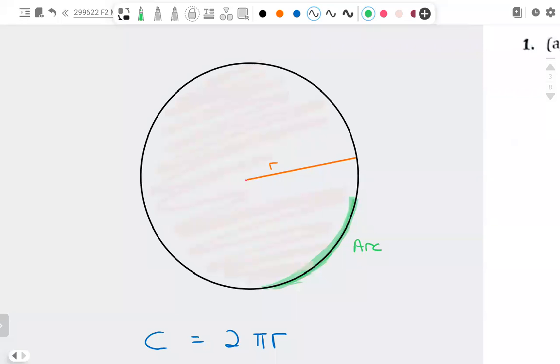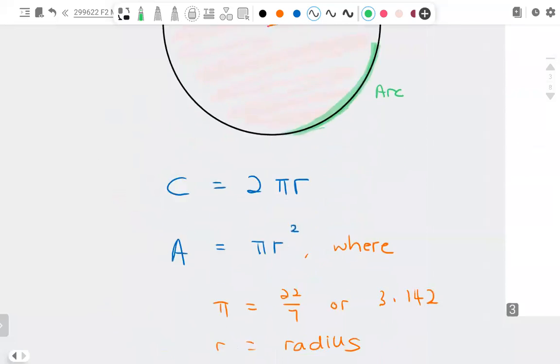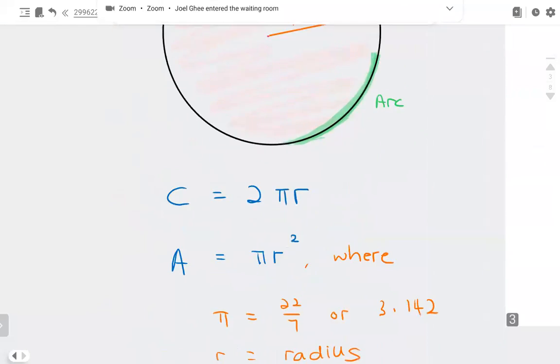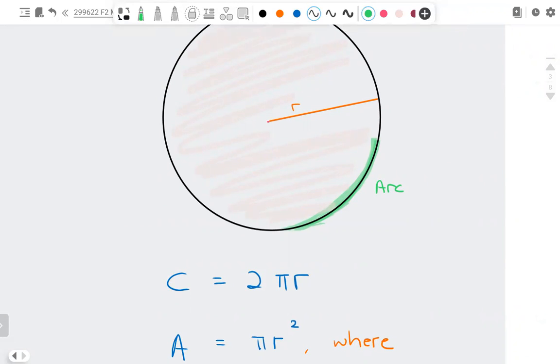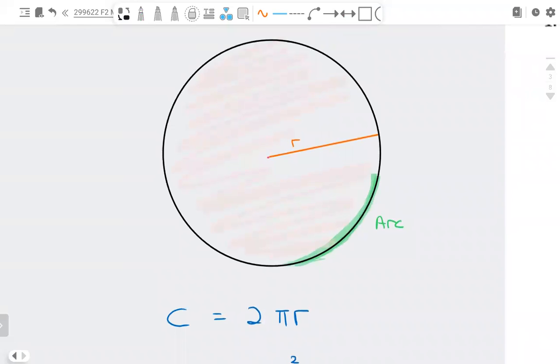If it's a part of the area, it's just like a slice of pizza. So now we are talking about part of the area.